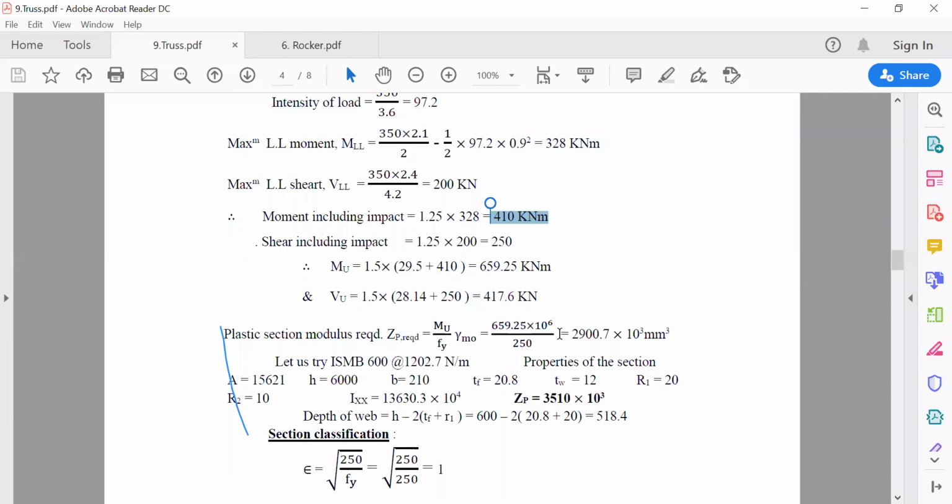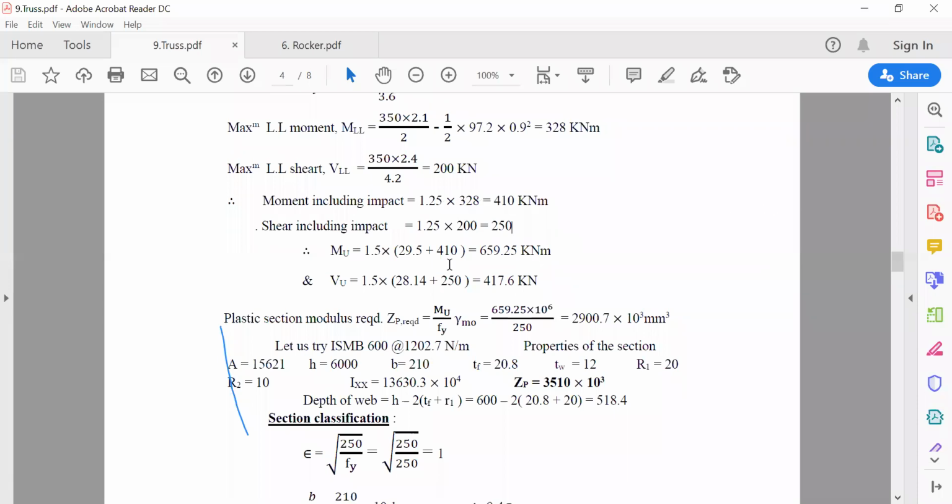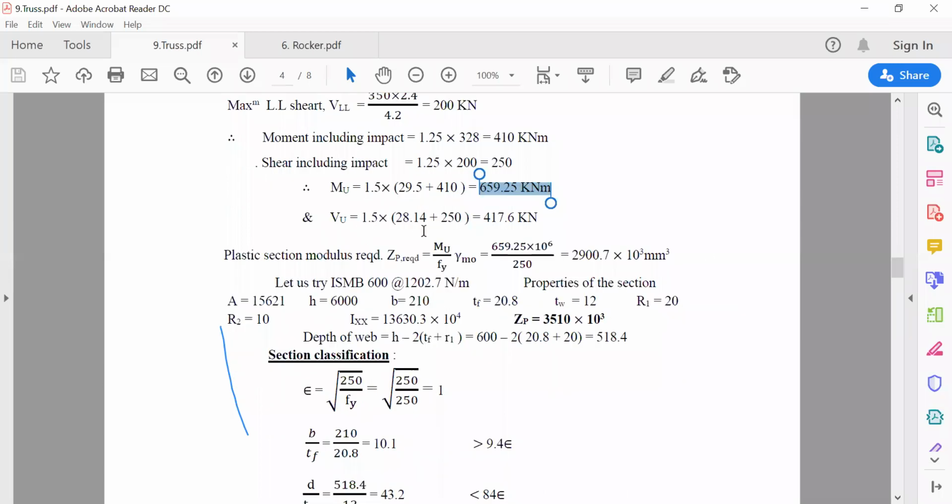For shear also I am giving an impact of 25%. Then ultimately the moment will be dead load moment plus live load moment. This is the factored moment. We get the factored shear force also, live load plus dead load.